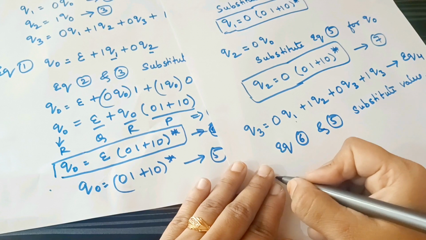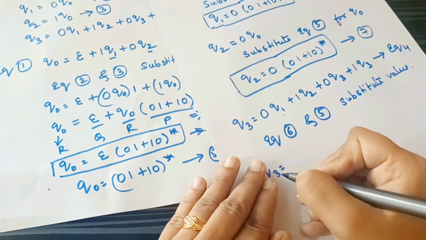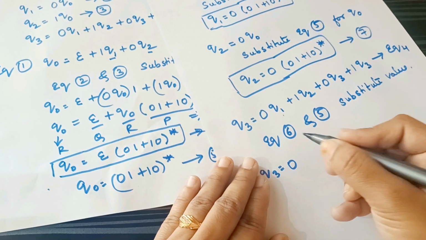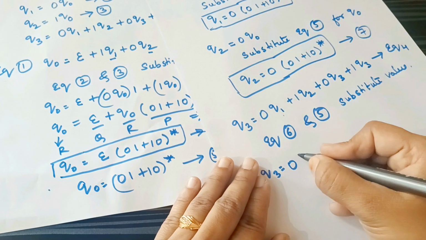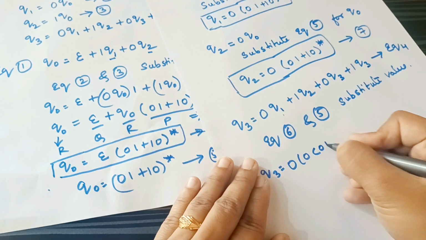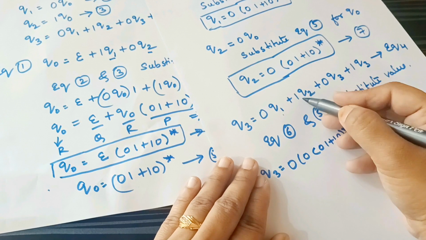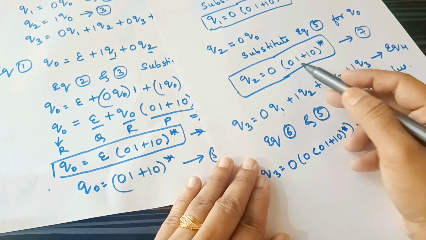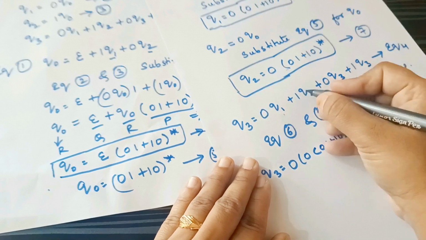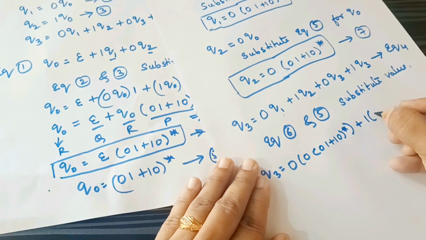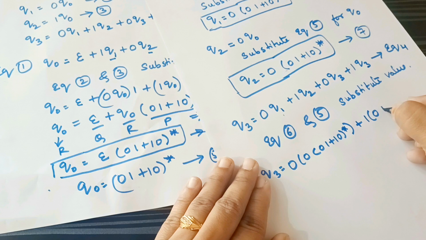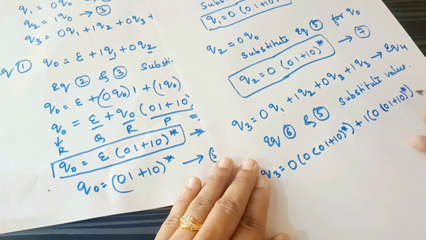So we get Q3 is equal to 0 into the Q1 value, 0 into (0 1 plus 1 0) whole closure, plus 1 into the Q2 value from the 7th equation, 1 into (0 1 plus 1 0) whole closure.